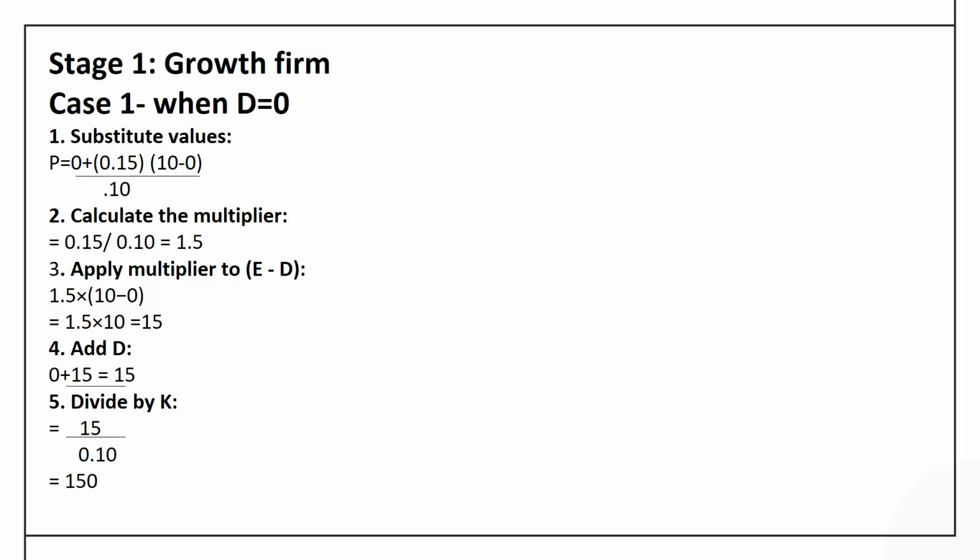Now, if we add the dividend, which is 0 in this case, plus 15, that is the result of 1.5 into 10, and if we discount it or divide by K, we get the value of the firm as rupees 150.